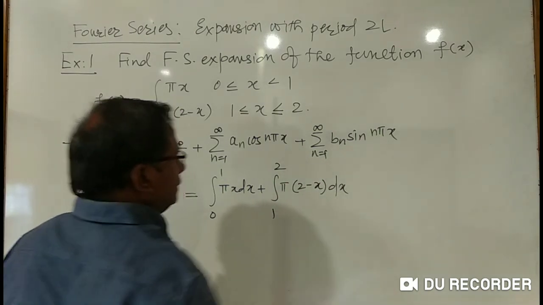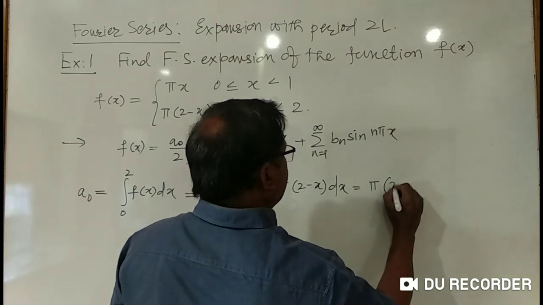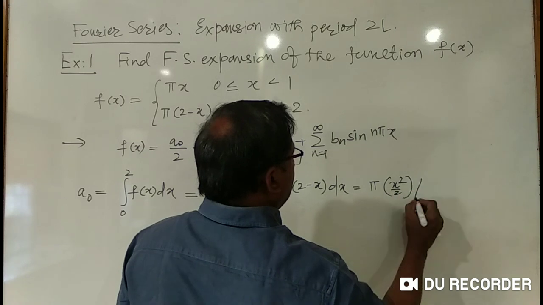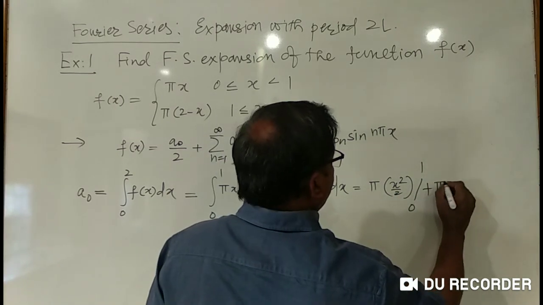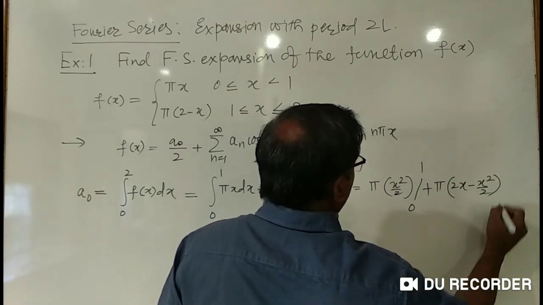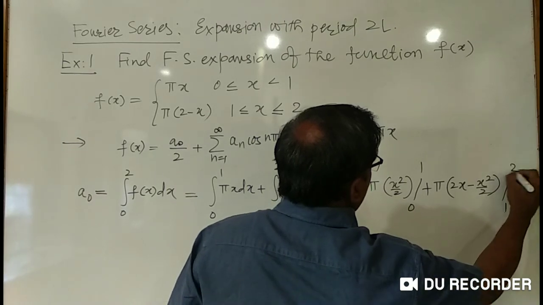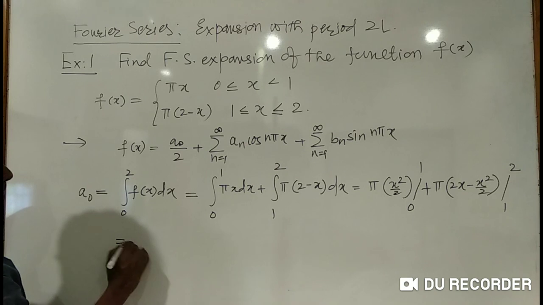Integrating this and simplifying, pi integral of x is x square by 2 within the limit 0 to 1, plus pi integral of 2 minus x is 2x minus x square by 2 within the limit 1 to 2. Put the limits and simplify.